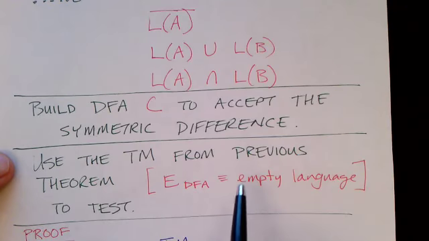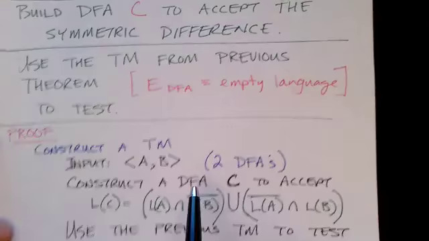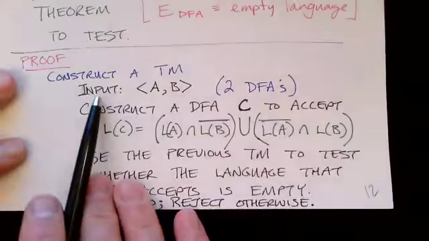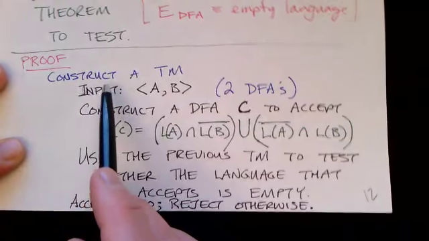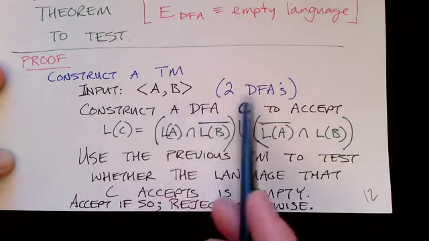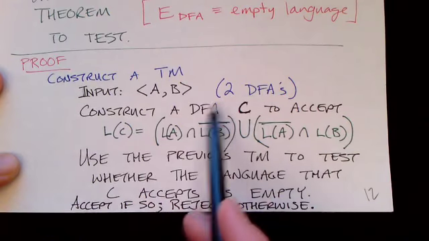And then we use the Turing machine from the previous theorem. Remember, that was the one that detects empty languages. And we test to see whether the symmetric difference is empty. So, just to recap, we want to construct a Turing machine, and it has as input two deterministic finite state automata.